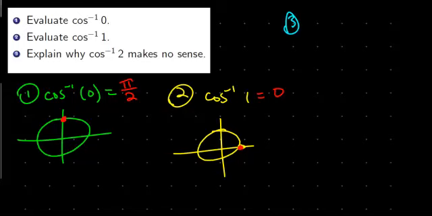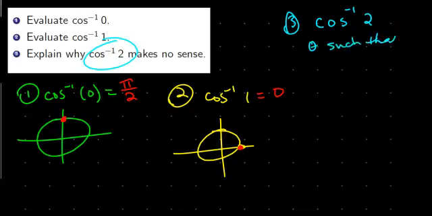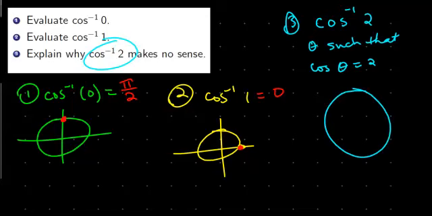Explain why the inverse cosine of 2 makes no sense. So, cosine inverse of 2. That would mean I need theta such that cosine of theta equals 2. Well, we know on our unit circle, which has radius 1, the cosine is the x coordinate.